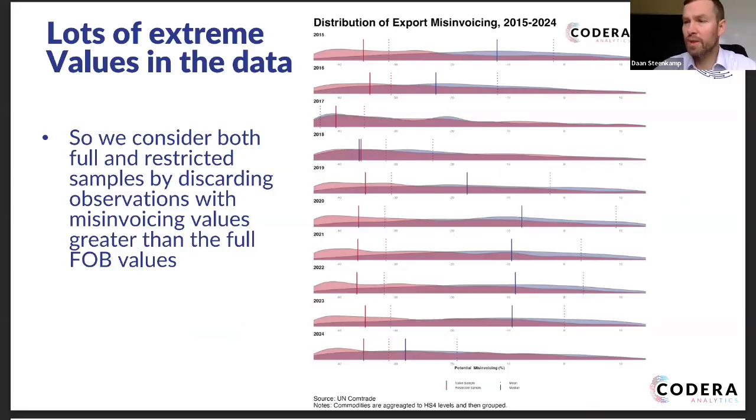And so we present two sets of results in the paper. We present a set of results that we have not cleaned, and then a set of results which we've called the restricted results, where we discard observations where the misinvoicing values are greater than the free on board values for that category. I'm going to just focus on the restricted sample in this presentation, but the full set of results are available in the paper.